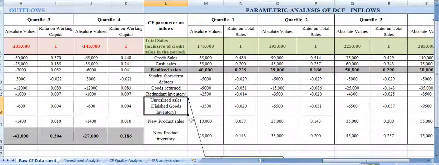Whatever is produced is converted into sales, and then there is a market perception that brings in more cash sales, or even if the credit sales get converted into cash sales, they get realized within the time frame to boost the values of the realized sales.